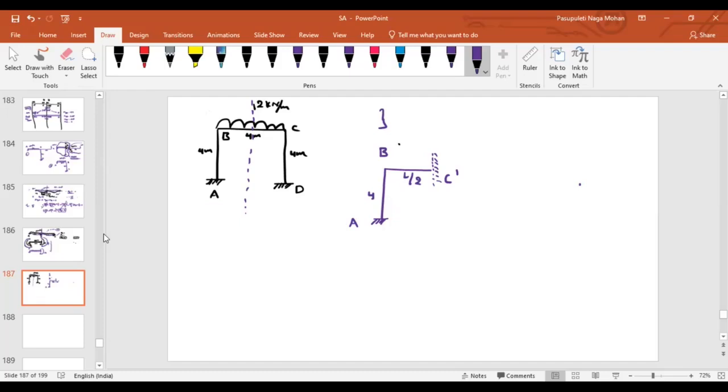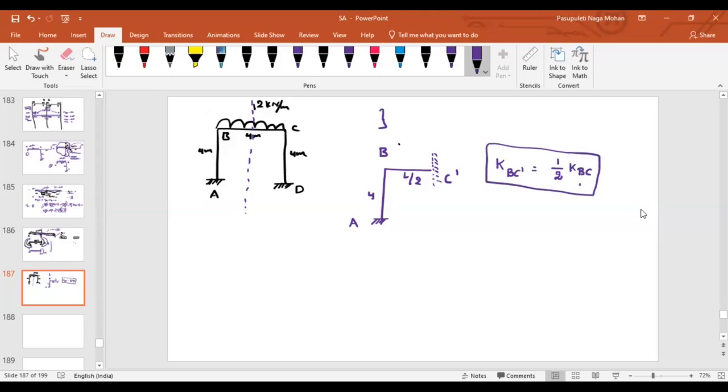Half of it, right? So as we are considering only half of the span for the calculation, we have to apply some correction for the stiffness. That is, the stiffness will be equal to half of the original stiffness of BC. This is the correction that we have to remember.